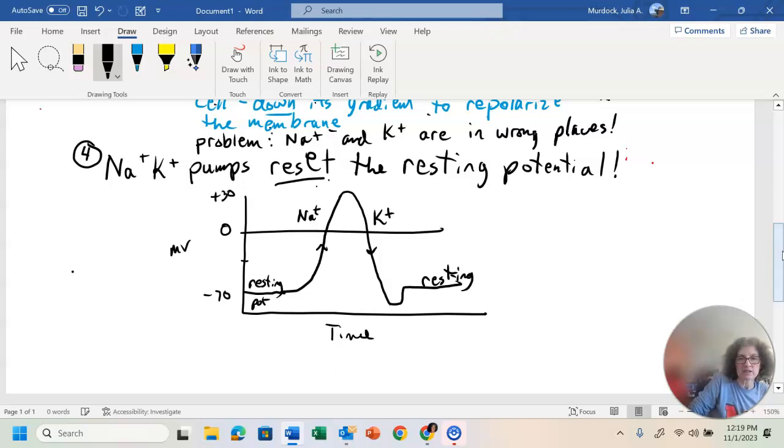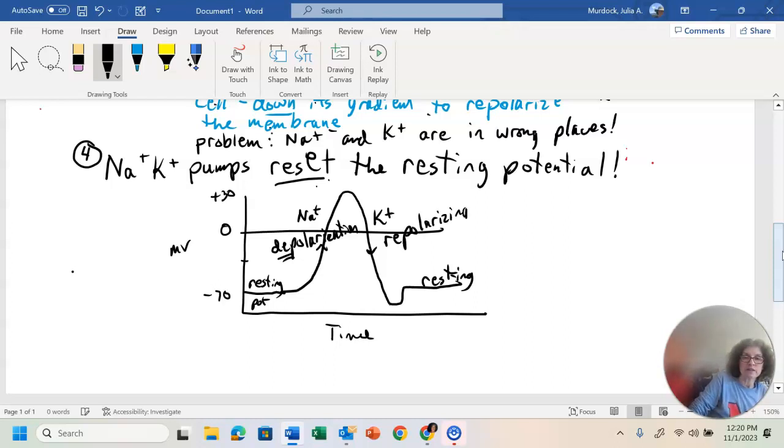There. Okay, so let me put those words up here because those are useful. When this is going up, what's really happening here is depolarization. Depolarization on the way up. Sorry for my spelling. Depolarizing because it was polarized and you're unpolarizing it. And then back down here, you're repolarizing it.